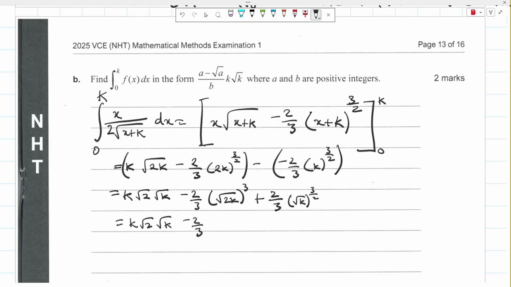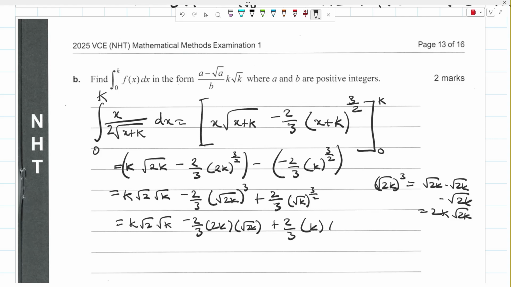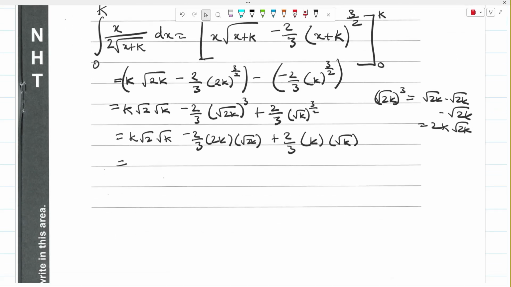And now we remember that root 2k cubed is just root 2k times root 2k times root 2k. That's just 2k times root 2k. So we get 2k times root 2k plus 2 over 3 times k times root k, because you do the same thing with the root k that you did with the root 2k.